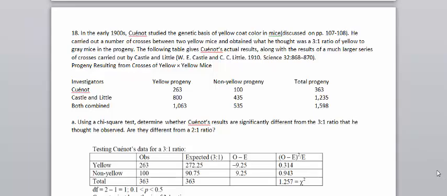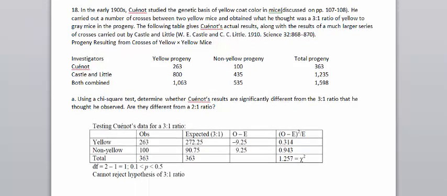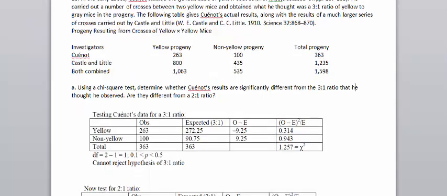And they were looking at yellow coat in mice, and as we know from the chapter, it actually turns out to be a lethal allele that shows a 2-to-1 ratio. But when they first did the experiment, they looked at it and thought it looked like a 3-to-1 ratio. And so we're going to do chi-square on the various numbers.